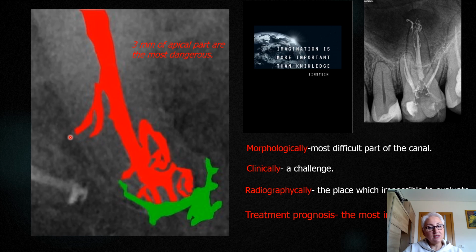Morphologically, this is the most difficult part of the canal, and clinically, it is a challenge even for experienced dentists. Radiographically, it is a place which is impossible to evaluate. And of course, cleaning, shaping, and obturation are very important for treatment prognosis.